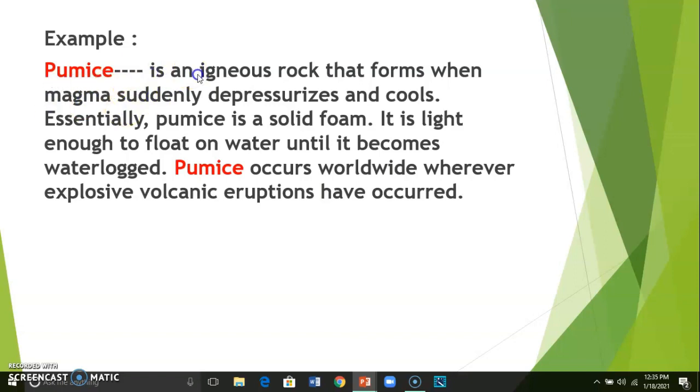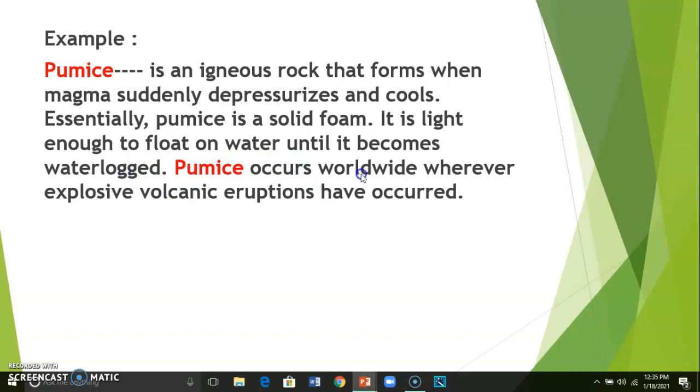Pumice is an igneous rock that forms when magma suddenly depressurizes and cools. Essentially, pumice is a solid foam. It is light enough to float on water until it becomes waterlogged.